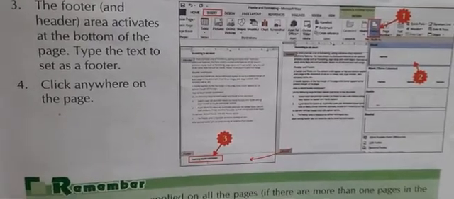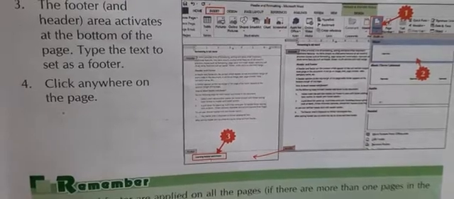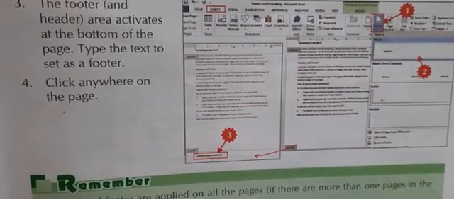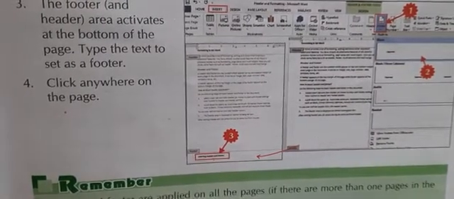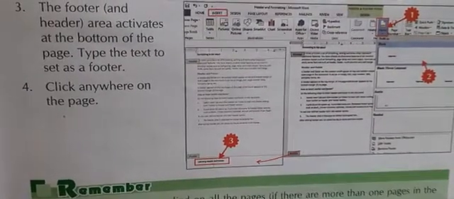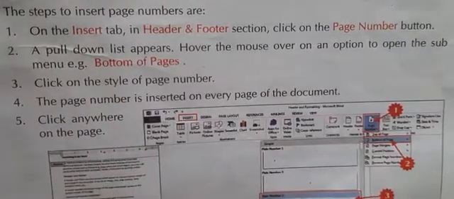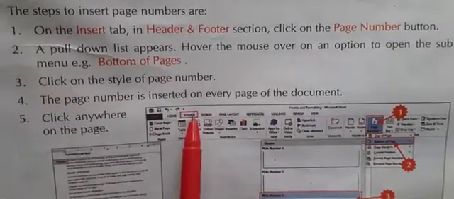Now we will learn how we can insert a page number in the document. A page number can be inserted either at the top or at the bottom of the page. If you want to insert the page number, first we will go to the Insert tab.